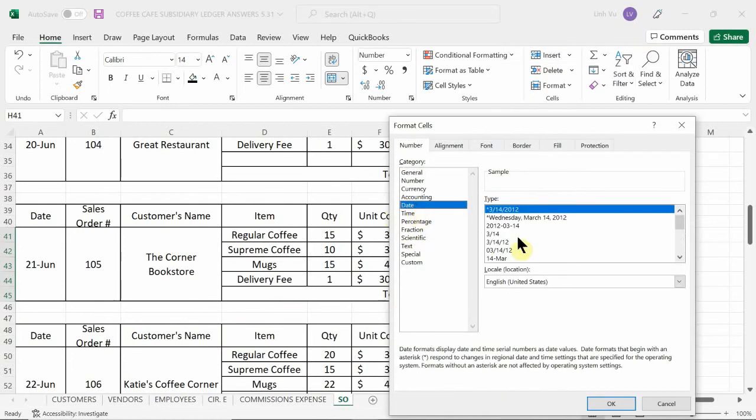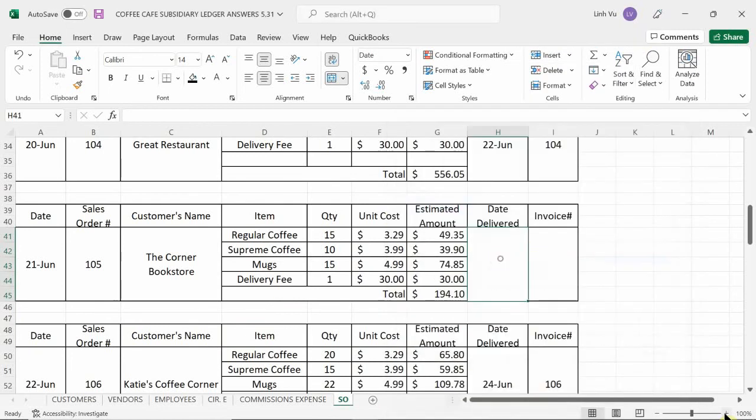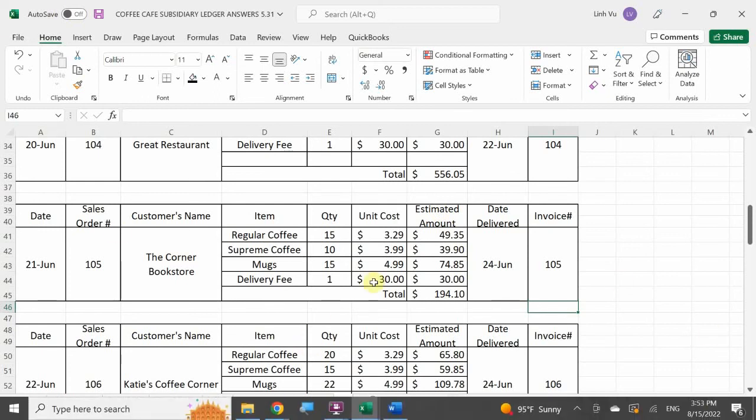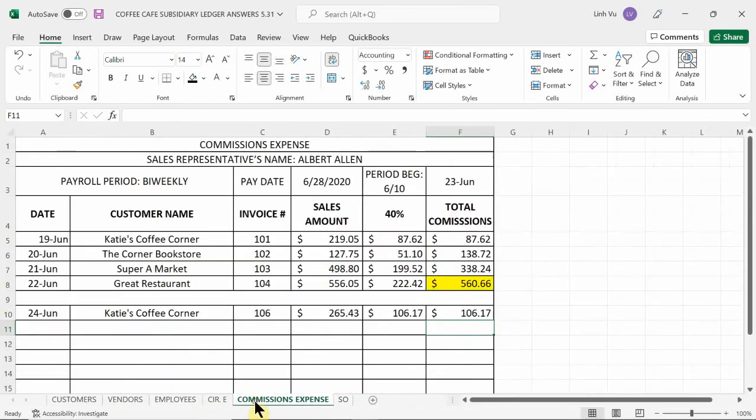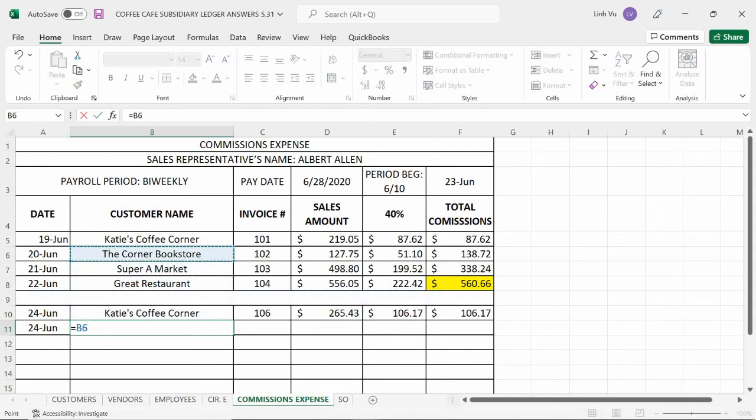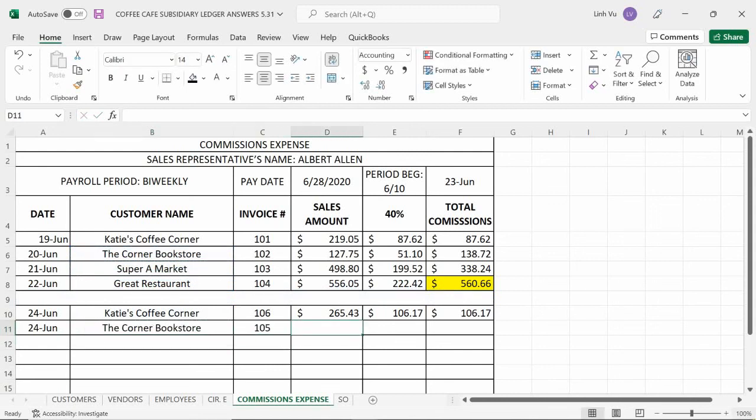And then it's the invoice number 105. Okay. And then we do the commission expense. And it's Corner bookstore. Invoice 105.